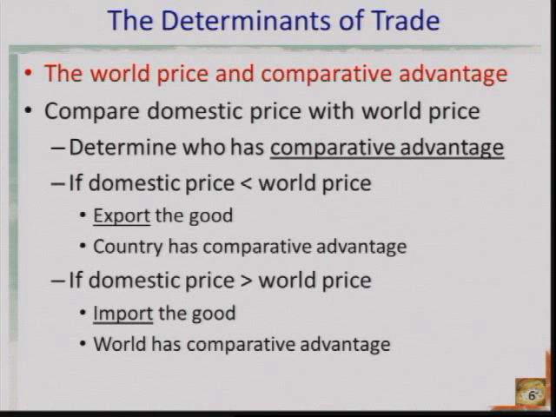All right. If you've taken macroeconomics, you probably learned this already. Whoever has the comparative advantage has the lowest opportunity cost of producing a product. The lowest opportunity cost means they're giving up the least in terms of what else they could be doing, because they can't be doing two things at the same time.